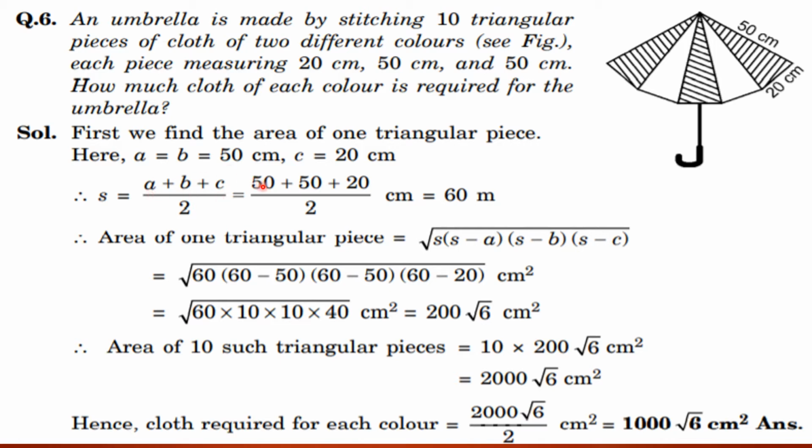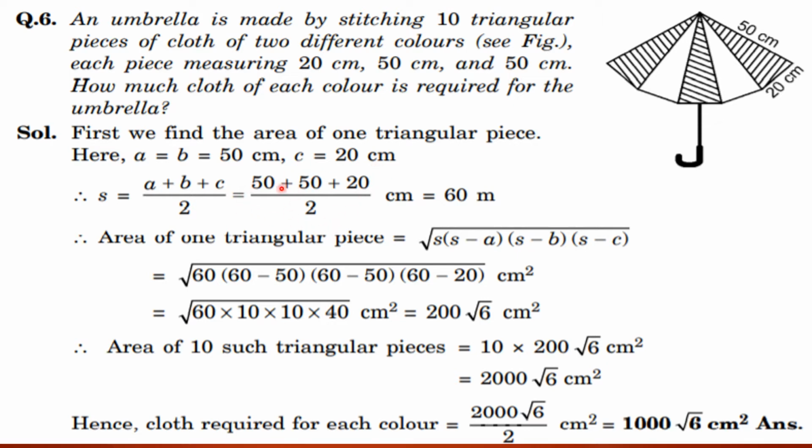So we are substituting a, b and c values in the numerator. 50 plus, what is the value of b? Value of b is also 50, plus, what is the value of c? The value of c is 20. Understood numerator part, my children? Right. Divided by 2.